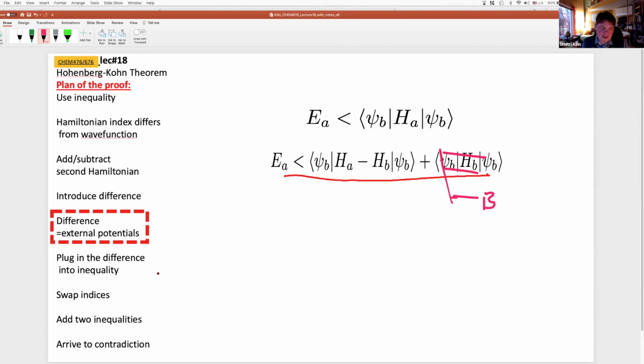Now, I'll tell you what the next step is, and then we'll check my slides. We made a wrong assumption that from one density we get two energies. And we labeled them by A and B. But who told us that we should start from A?